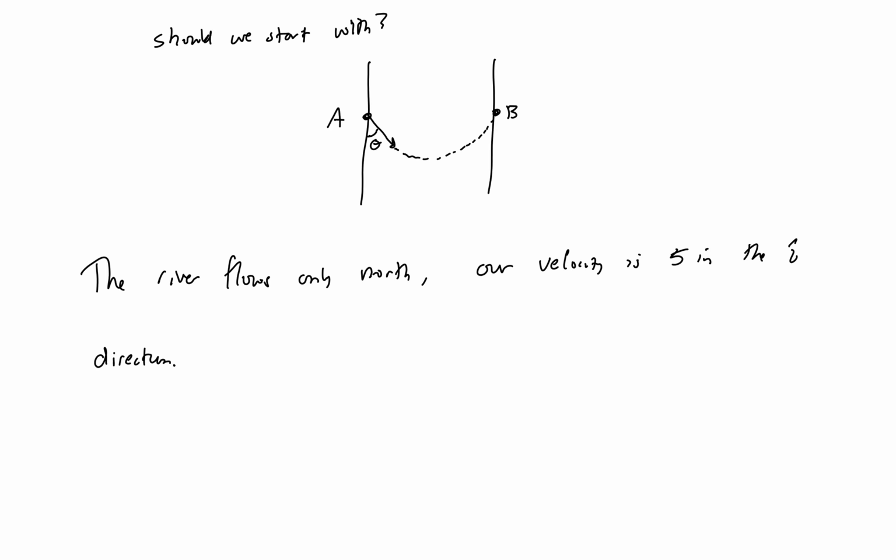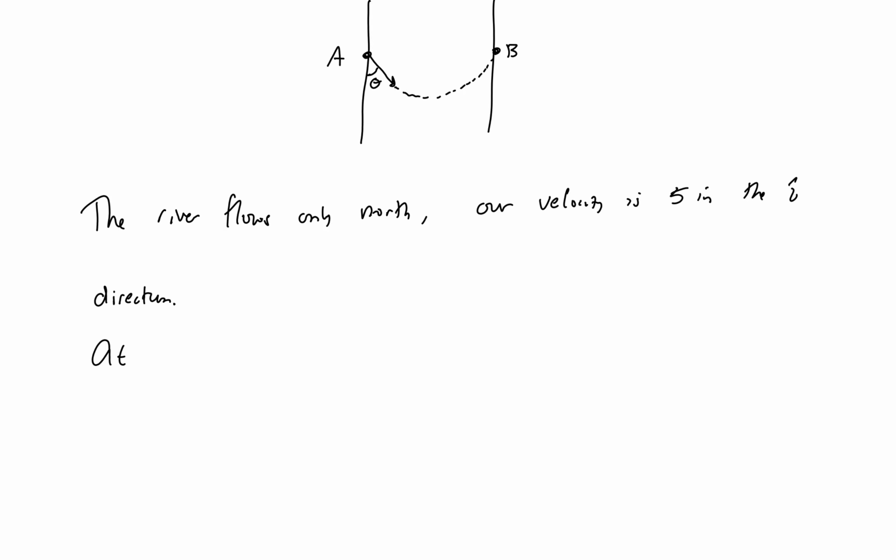Now in terms of the j component, we're given this speed in terms of the water, in terms of our distance from the west bank. So at time t, we are 5t meters from the west bank.